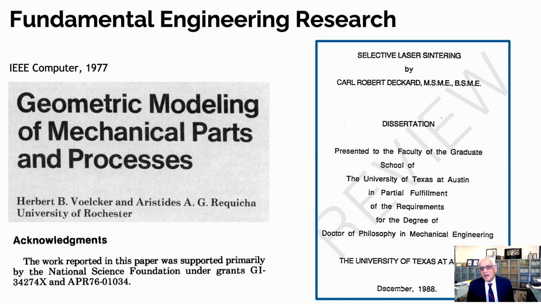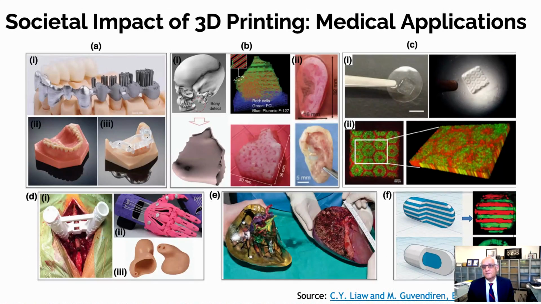And on the right-hand side is the PhD dissertation of Descartes, again showing the foundational research enabled by the National Science Foundation that would then go on to become this whole revolution in 3D printing.